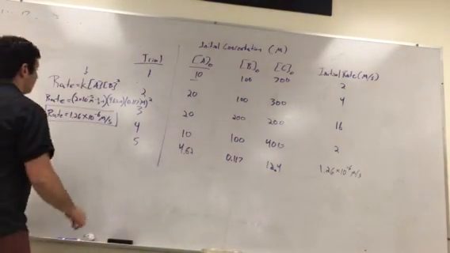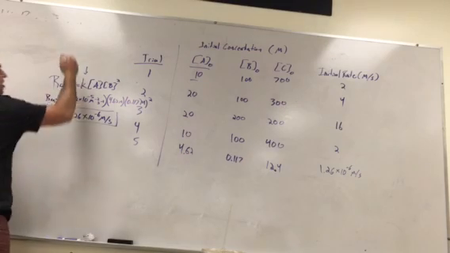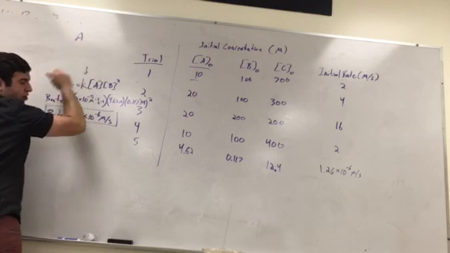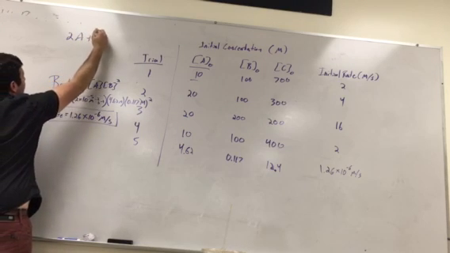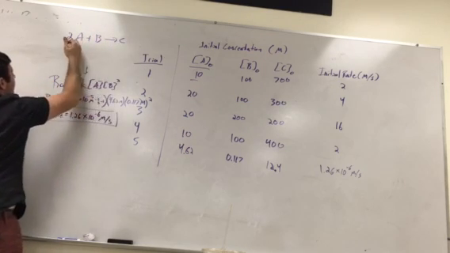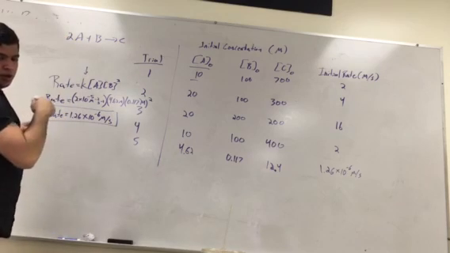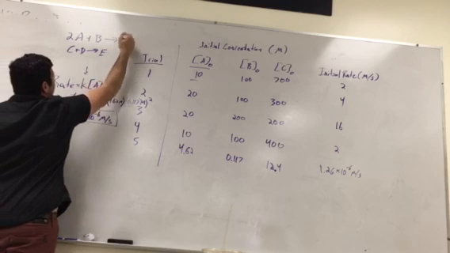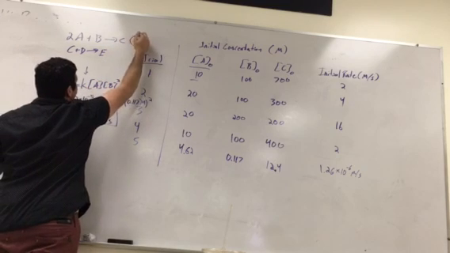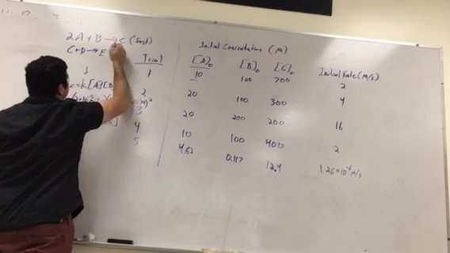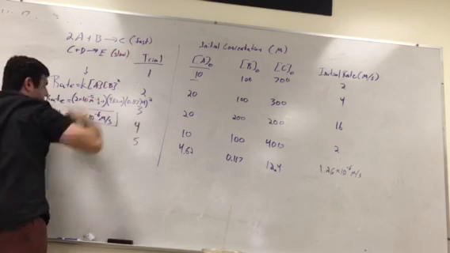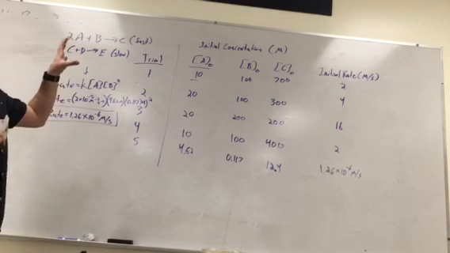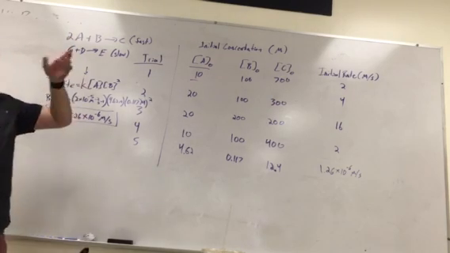Okay, so let's say I give you this equation: 2A plus B yields C, and then C plus D yields E. We're going to do two parts to this.